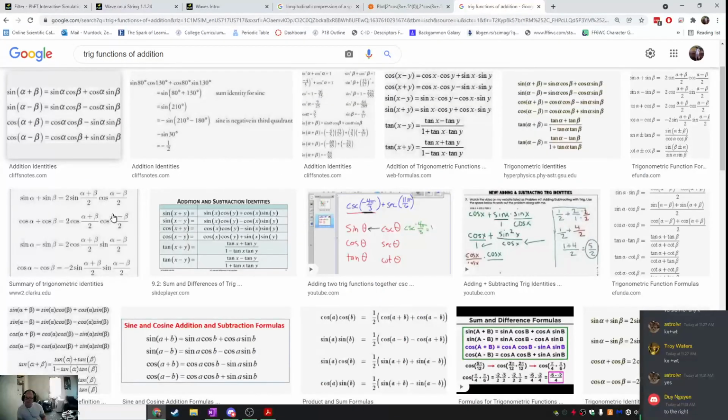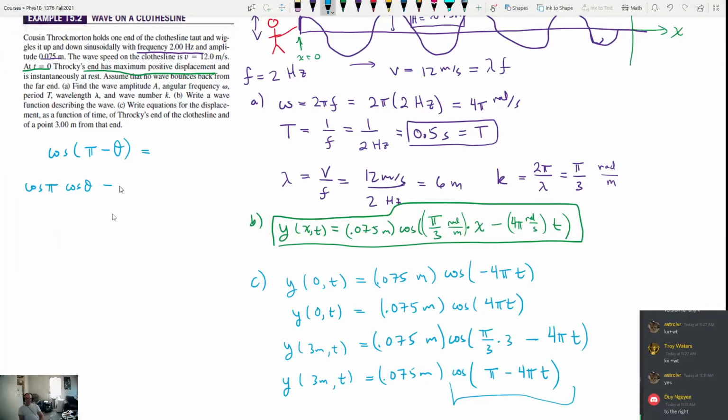It was plus, right? It's plus sine pi sine theta. What's cosine of pi equal to? -1. What's sine of pi equal to? 0. So that whole thing is 0. So we just get -1 times cos theta. So cos of pi minus theta is equal to the negative of the cosine of theta.